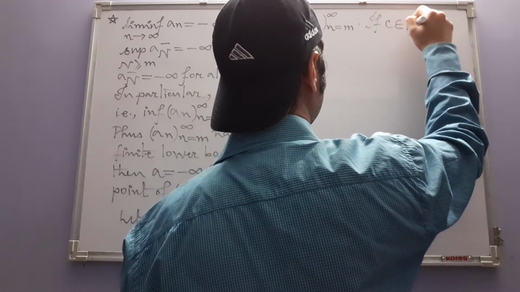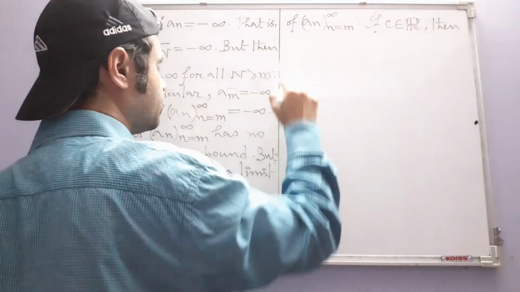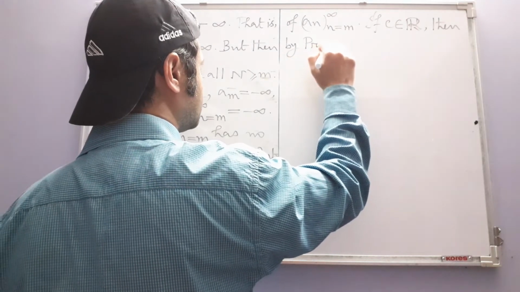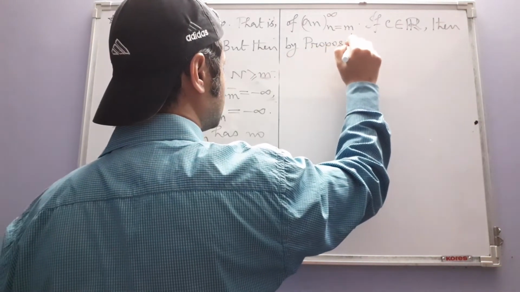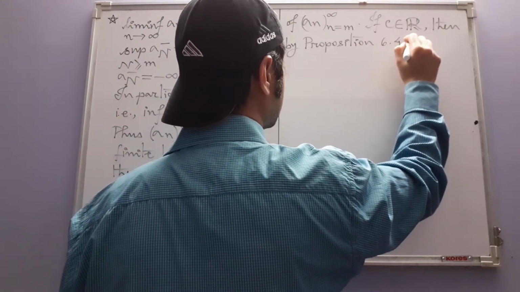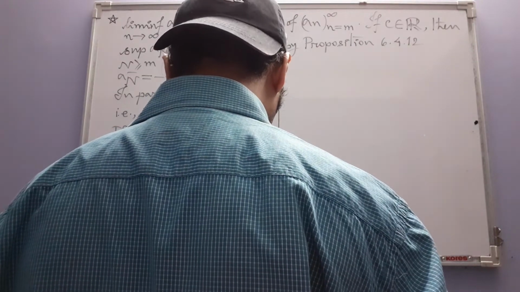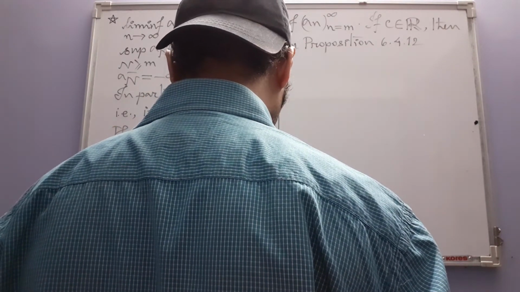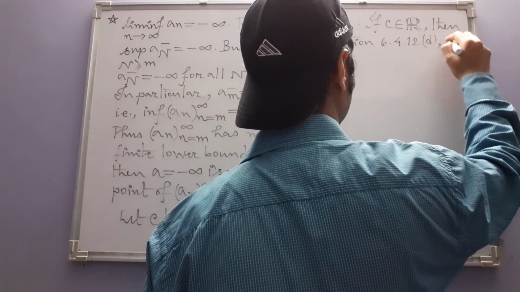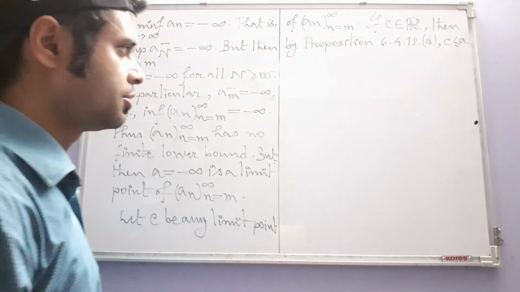If c is a real number, then by again proposition 6 for 12, but which part? D. C is less than or equal to the limit superior.